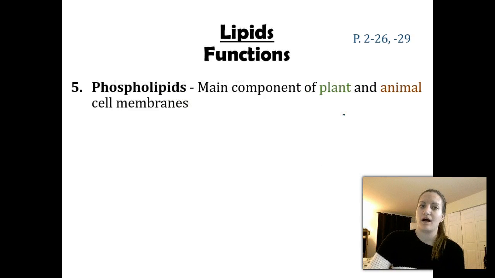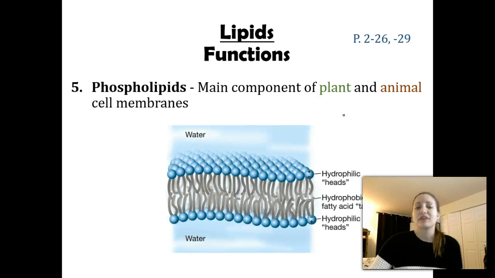Another function of lipids is pretty crucial to our cell membranes. There are cell membranes in not only our cells, which you saw with the cheek cells, but also in plants. Plants have cell walls and cell membranes. Now the major component of a cell membrane, or what the cell membrane actually is, is this guy right here.